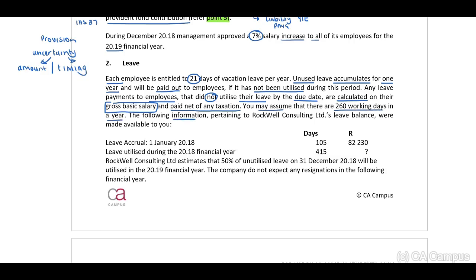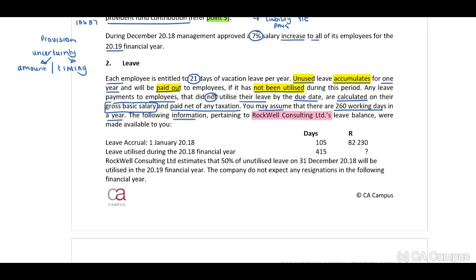The following information pertaining to Rockwell Consulting Limited's leave balances was made available to you. Let's just quickly stop right there. They indicate to us that unused leave accumulates for 1 year and will be paid out to employees if it has not been utilized during this period.